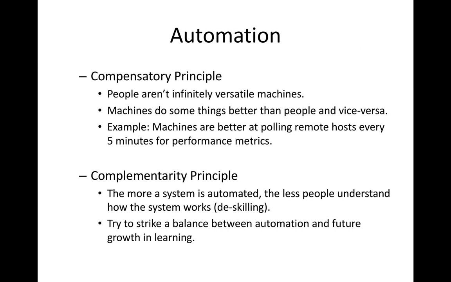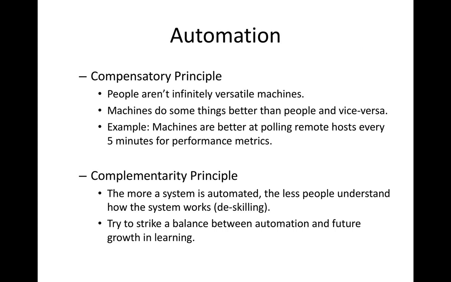And then finally, we have the complementarity principle. And this one's a little bit tricky to understand. So what the complementarity principle is saying is that there's a risk associated with automating everything.